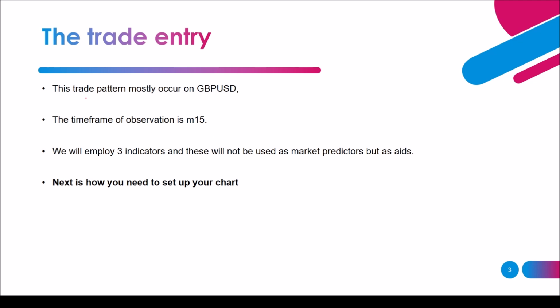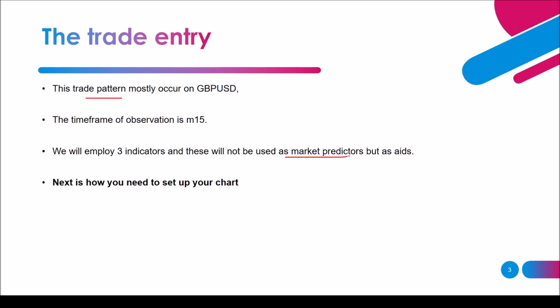This trading pattern mostly occurs on GBPUSD, or pound against the dollar. A lot of traders trade volatility indices and other indices. You can apply this on those as well. The time frame of observation is the M15 time frame, which is basically 15-minute chart candlesticks, and we will employ 3 indicators, and these will not be used as market predictors but as aids.